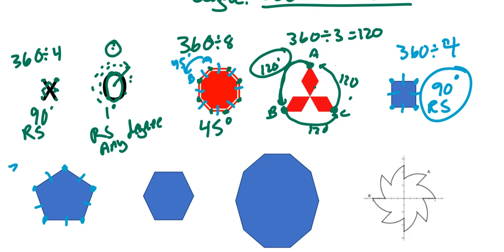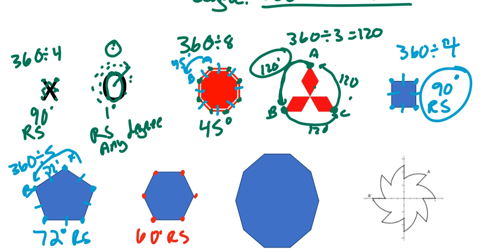So it's going to be 360 divided by 5, which is going to be 72 degrees rotational symmetry. So again, to get from A to B, it will be 72 degrees. The next one here is a hexagon, 6 points. So 360 divided by 6, 60-degree rotational symmetry.